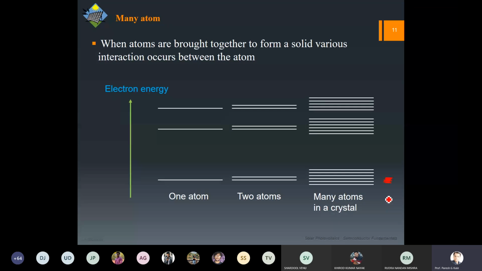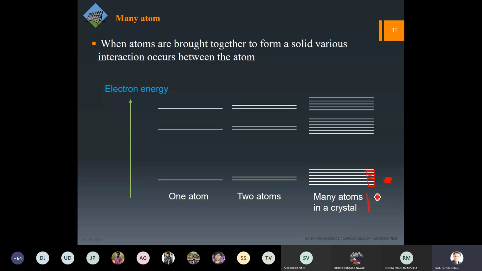Moreover, it feels like they are now linear instead of discrete levels. So that is what we say, that for the bulk material, it is as good as they are forming a band over here, and that's why we call these diagrams the energy band gap.